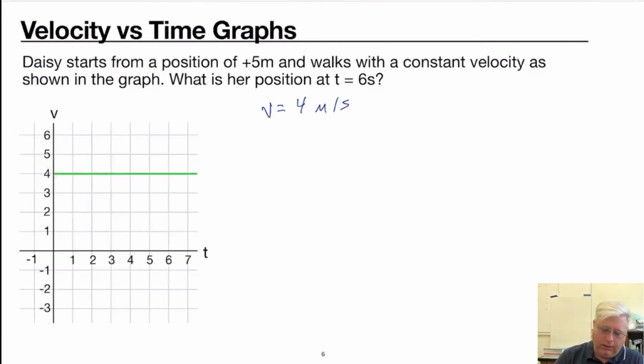Okay, her initial position is plus 5 meters. And what is her position at 6 seconds? So she starts at 0, end time is 6, so our delta t, our time interval, is 6 seconds.